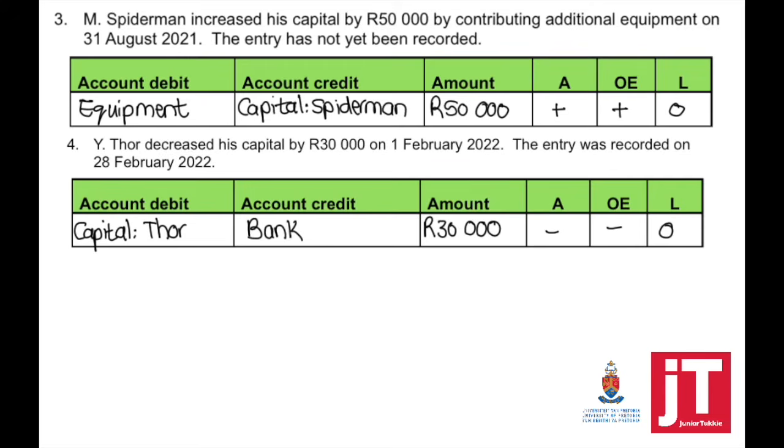The partner decided to decrease his capital. Amount 50,000, assets minus, owner's equity minus, liabilities 0. So again, we have account debit capital, account credit bank. Why capital? Because he decreased his interest in the business by taking capital.